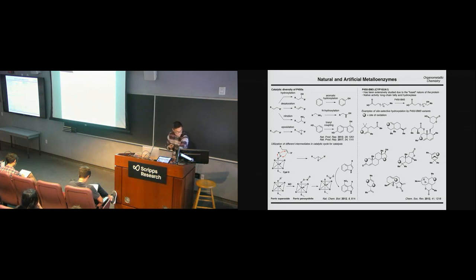Of course, it can also do other types of oxygen atom transfer, such as epoxidation or aromatic hydroxylation, as well as N-hydroxylation. And there are also some P450s that can catalyze biaryl coupling. This would happen through hydrogen atom abstraction of your phenol, and then the resulting phenol radical can then undergo biaryl coupling.